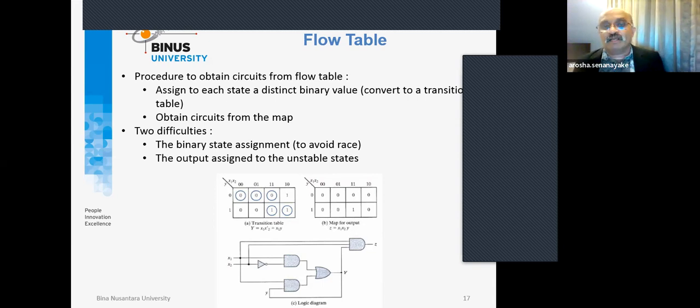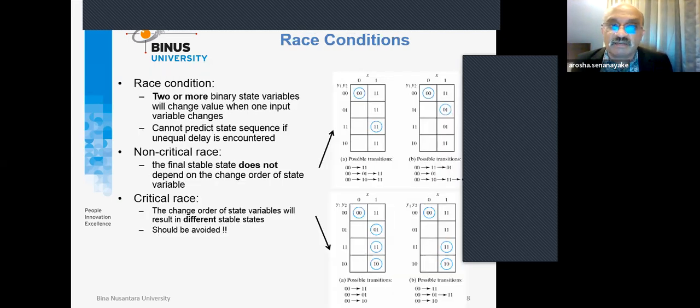But there are 2 critical difficulties that might be present in this case. The output might be assigned to an unstable state, or the binary state assignment might be subject to race conditions. That's basically what I was telling you before.